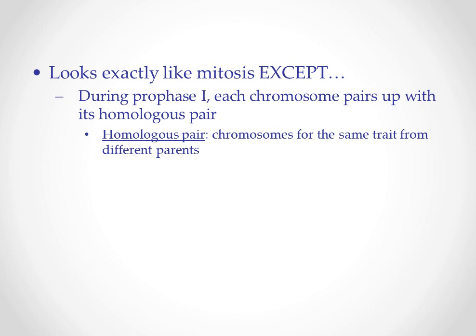We call it homologous. We talked about that prefix homo before, right? Homeostasis. What does homo mean? It means same. So these chromosomes are for the same trait, but from different parents, one from mom, one from dad.